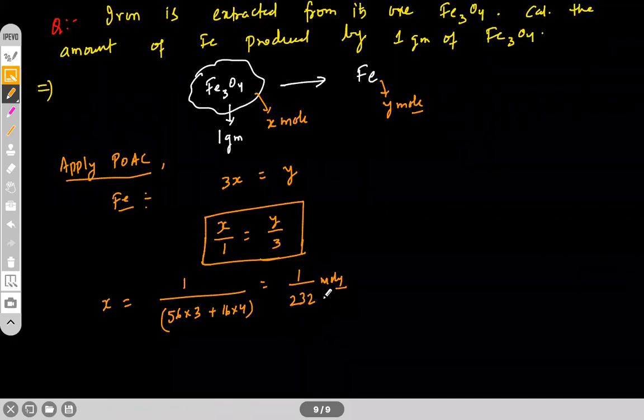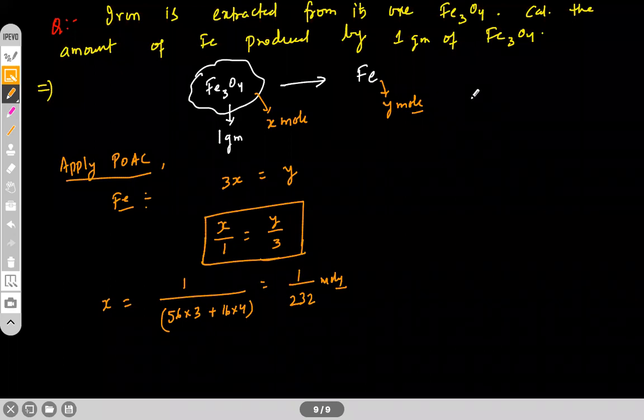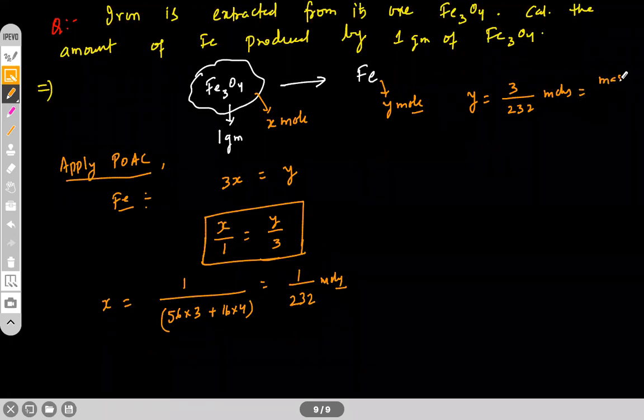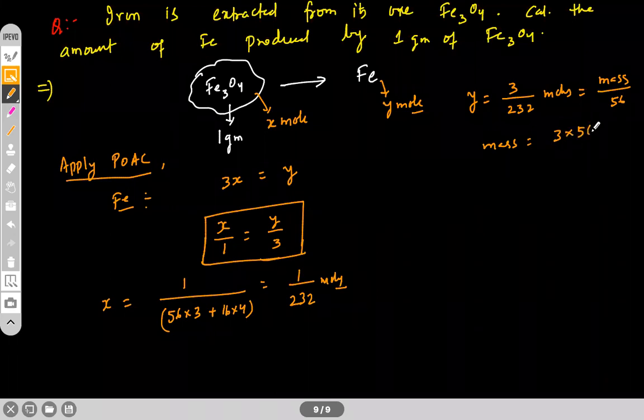So 1 mole of this X gives 3 moles of Y. So these many moles gives the number of moles of Fe. Y is equals to 3 times 1 by 232. So this is the moles of iron we get. So this is the amount of iron, right? Which we can write as the mass of iron divided by atomic mass of iron, which is 56. So mass equals 3 into 56 divided by 232.